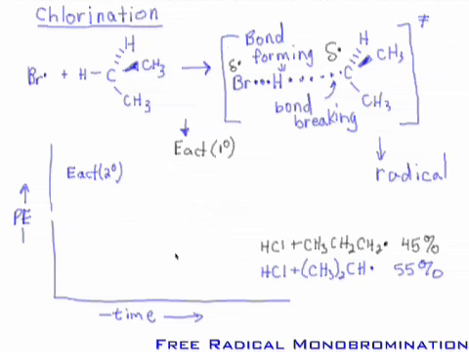Okay, so what we're going to do now is we're going to start with blue for the isopropyl hydrogen. We're going to start reaction here. This is time 0. And we're going to go like that. And now we're going to do the primary.